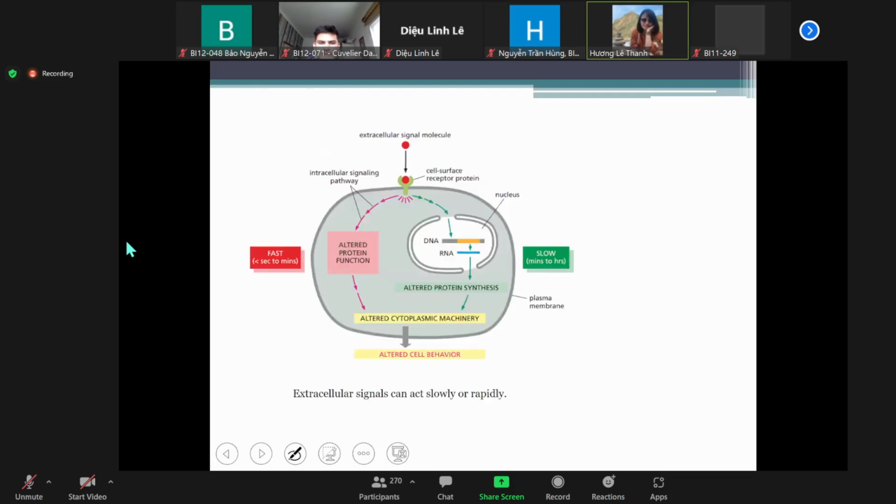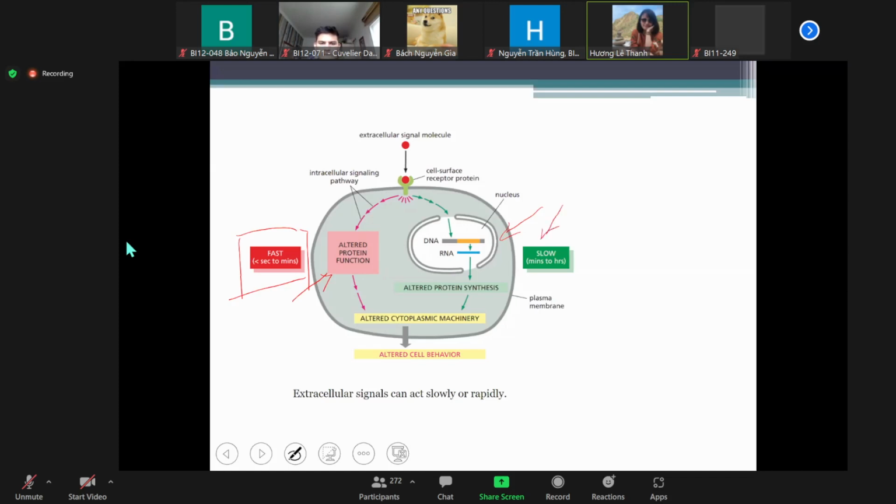And here is how the cell responds to the signals. I gave you an example about adrenaline. They're very fast, seconds to minutes, just because they do not enter protein synthesis, they just affect the protein function. So it's very fast. But if these kinds of ligands need to stimulate gene expression, they enter protein synthesis.